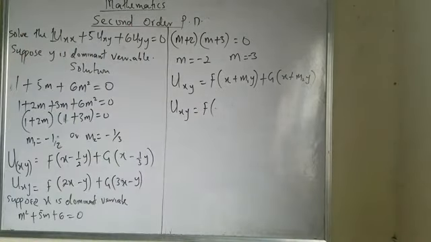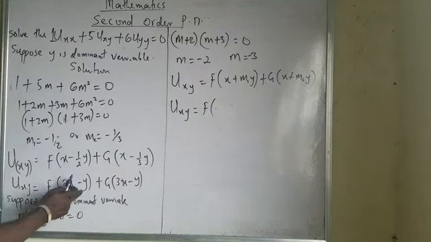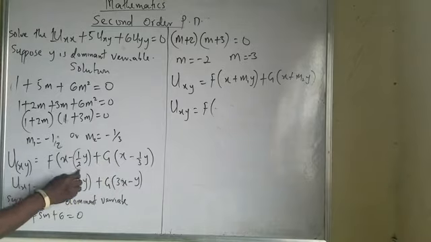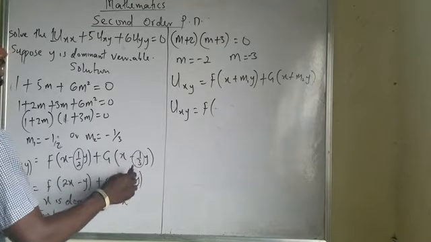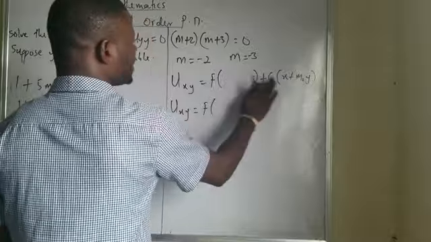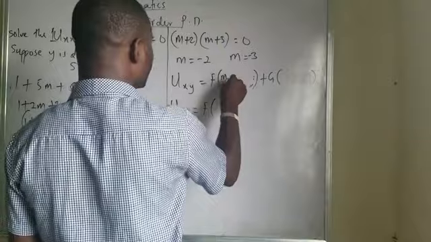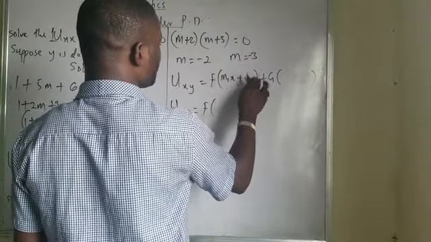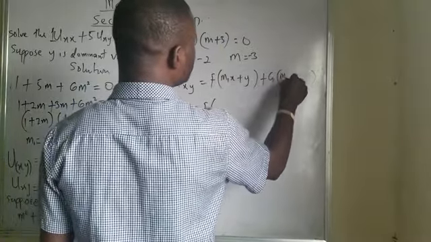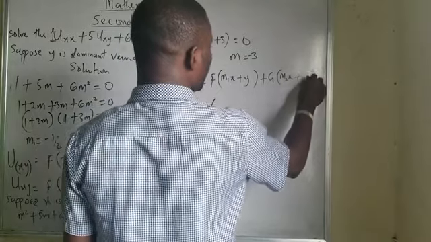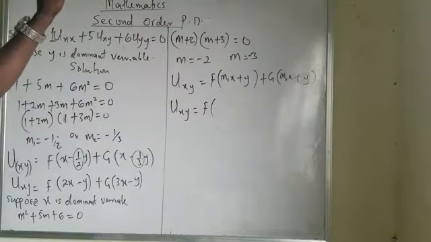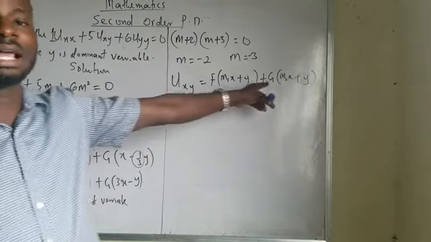Oh, sorry, I did not explain something. My dominant variable here is y. That is why the m is attached to y. Seeing the story change, what I stated here is wrong. It will be m1 times x plus y and m2 times x plus y. Why? Because x has become the dominant variable.